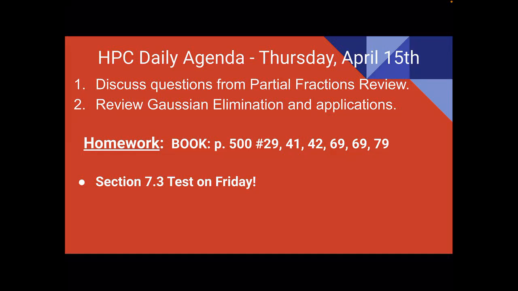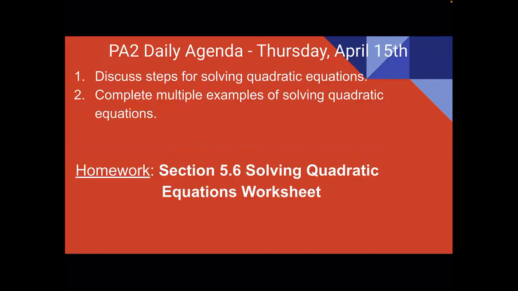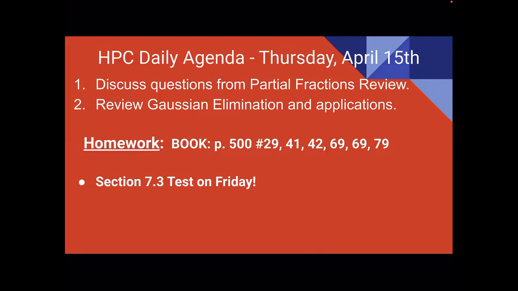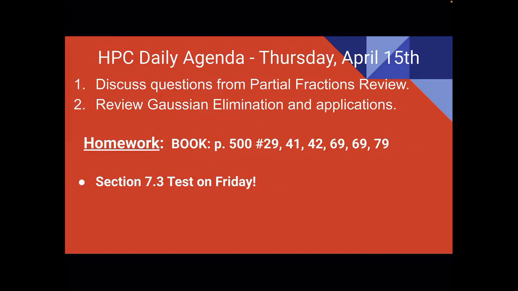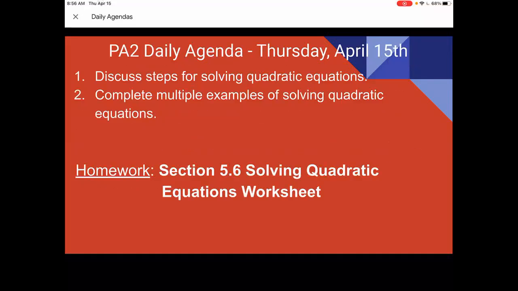Are we supposed to do 69 and then another one? Yeah, you're going to do the same one. No, I'm trying to think what number it is. I'll look. Let's fix it.